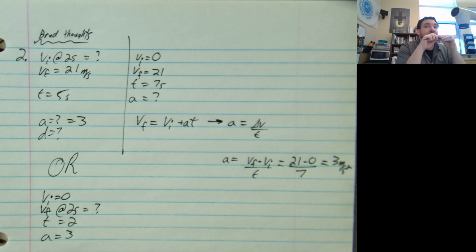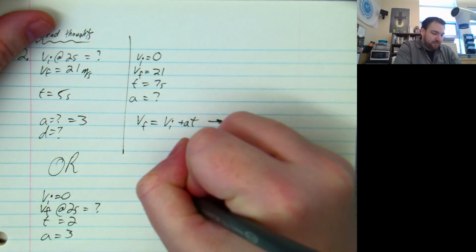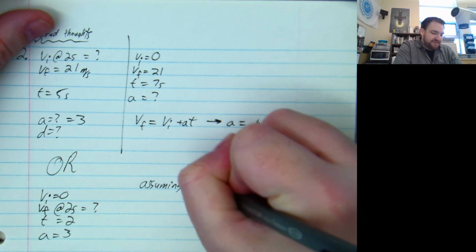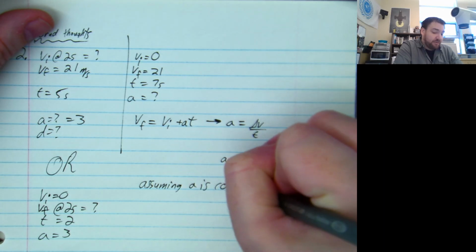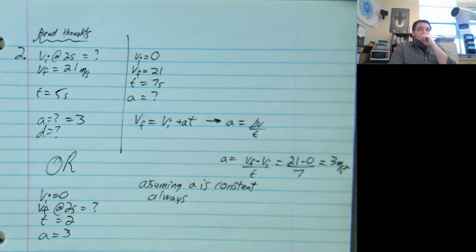That would be advanced beyond even my education. That's a very specific kind of engineering, which I don't have any experience with. So with all of these, we're assuming A is constant throughout. If it's not, the only way I know how to tackle it is graphically, which I haven't shown you yet.